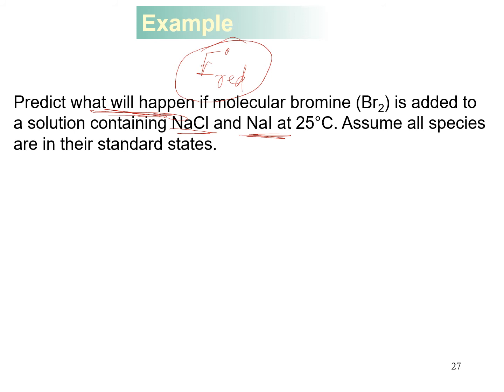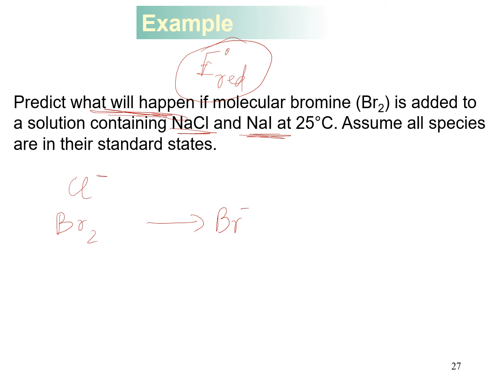Okay. All right. So now what are the two scenarios? We are given Br2. So the one reaction that is happening is Br2 being converted to Br minus. That's the only scenario. What if you balance this reaction? We are going to look for this reaction in our chart. We don't have to balance it since the chart gives us the balanced reaction. Next, the other reaction would be between Cl2 and Cl minus, right?